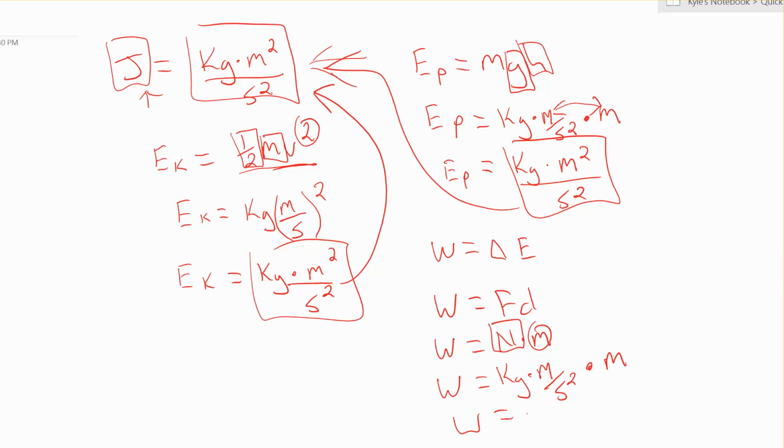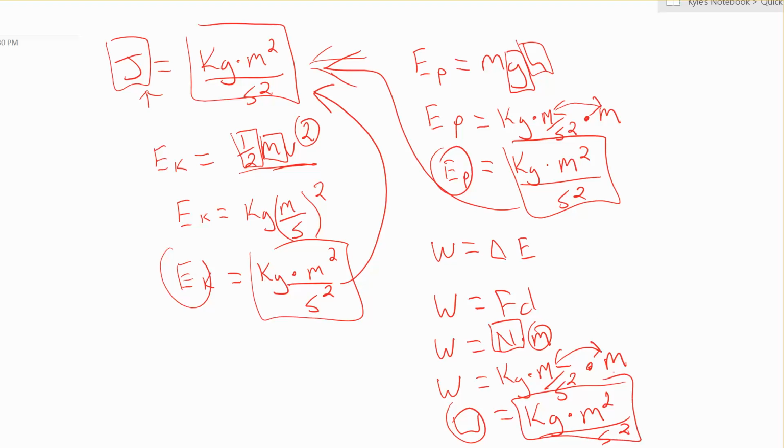Work is equal to, for units anyway, kilograms times meters, times meters, so meters squared divided by seconds squared. Kinetic energy, potential energy, and work all have units of kilograms times meters squared divided by seconds squared, which is the joule.